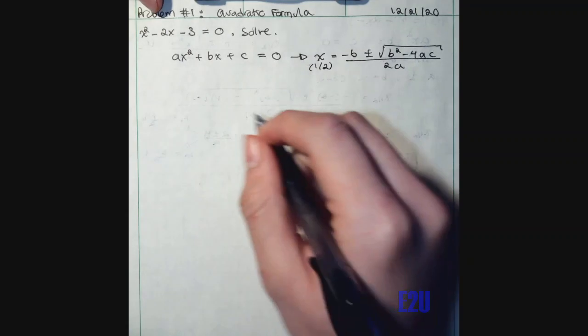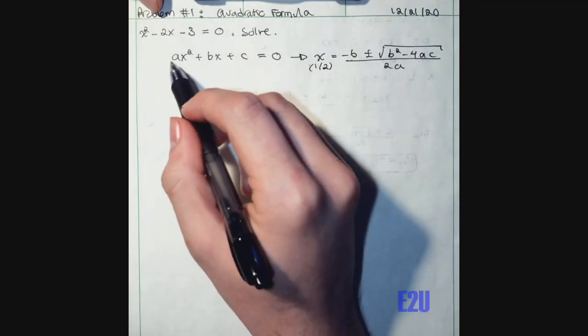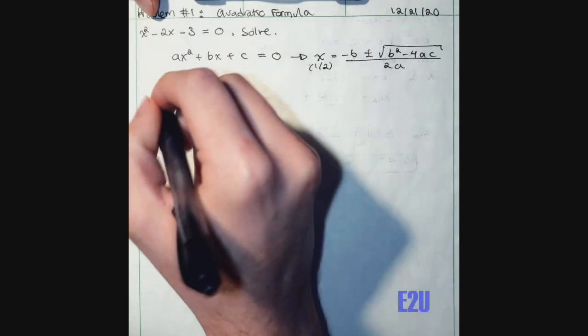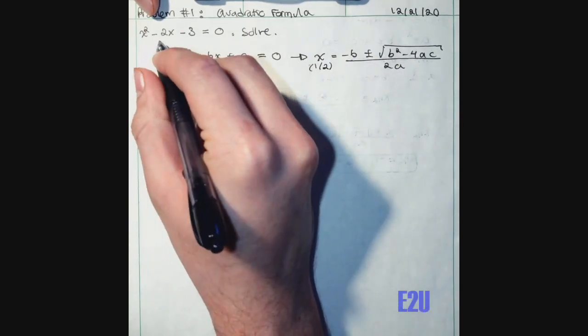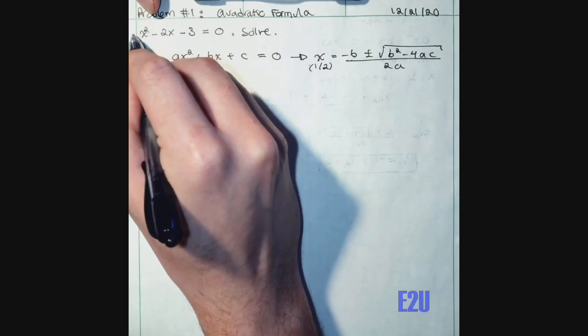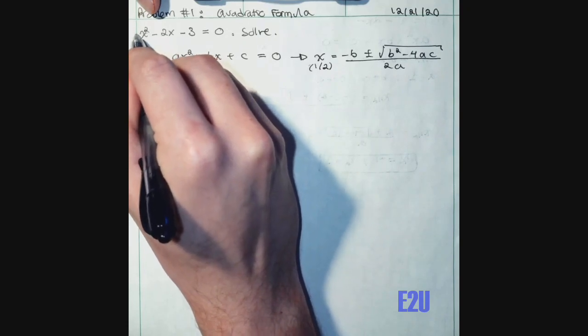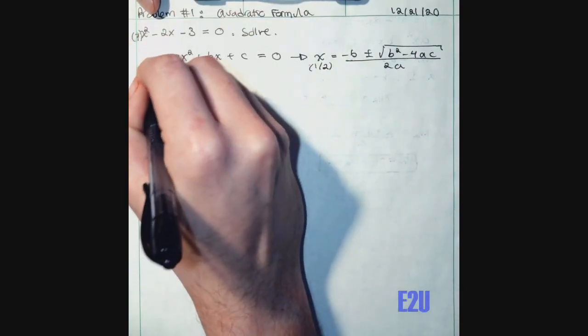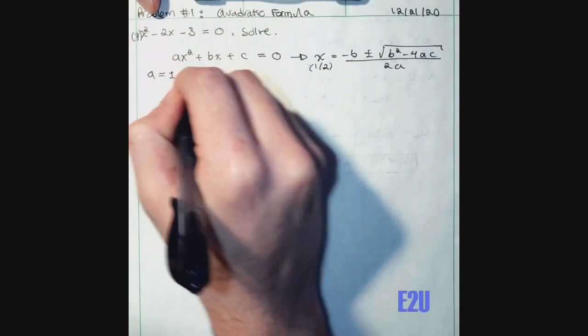So we can identify what a, b, and c are for our case. A is not written right here, but if it's not written, we know that it's a 1. So in this case, our a is going to be 1.